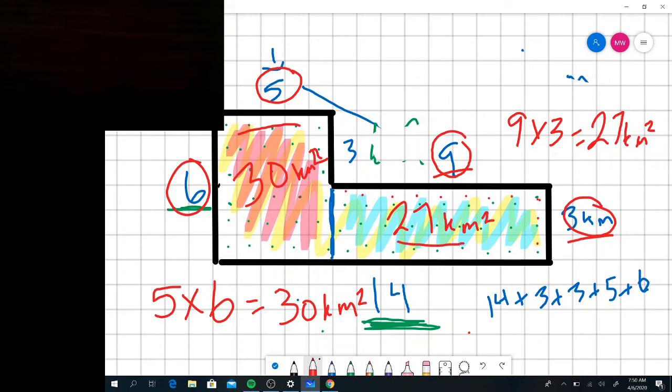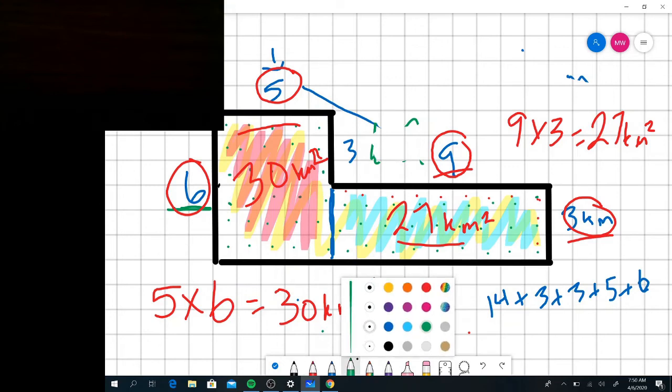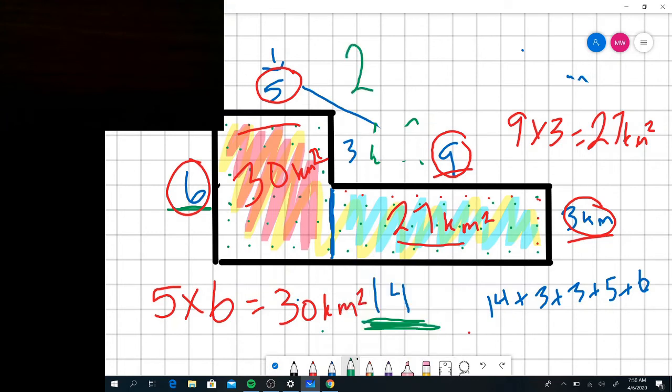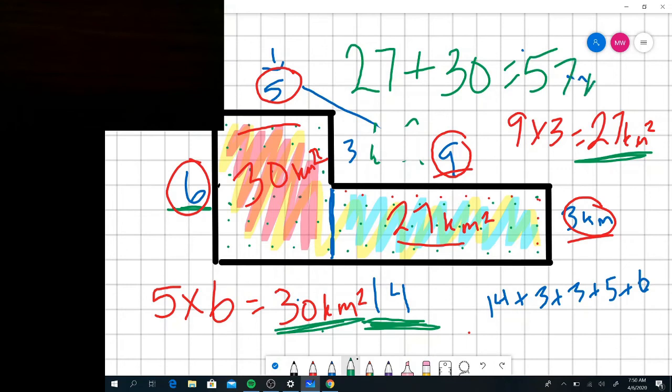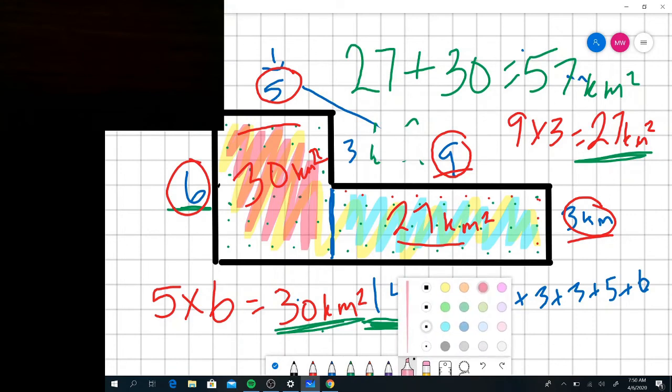So now I know that this box is 30 kilometers squared. And this one is 27 kilometers squared. So I know each of them separately, but I need to now combine them so I know the whole area of that entire shape. So I would need to go, let's choose green. Now I need to go 27, that's this one right here, plus 30 equals 57 kilometers squared. 57 kilometers squared would be the entire box's area now.